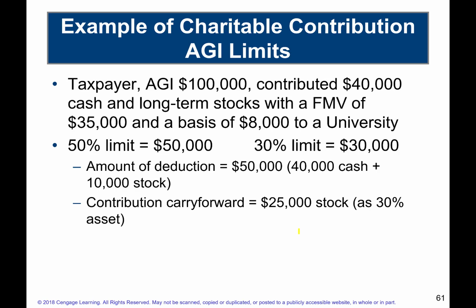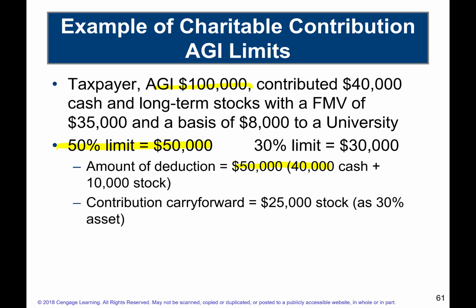Okay, so he's going to use the fair value, but he has a limitation as to what? 50% of his AGI is the most that he can give. His AGI was 100,000, so he's got the 50,000 limit coming up. And so what happens? The 40,000 cash first goes against the 50,000 limit that he has, right? So now he's got 10,000 left.